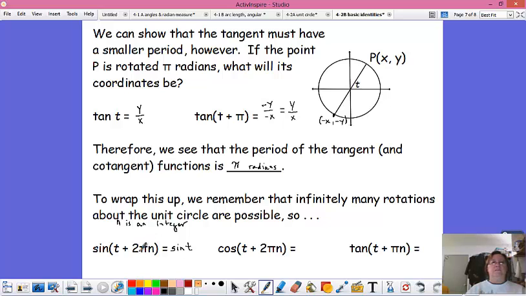It has a period of 2 pi. The cosine, no matter how many times I revolve, as long as it's an integer number of times, the cosine of t plus many rotations is the same as the cosine of t. And here's our tangent. The period is pi now, not 2 pi. But no matter how many times we multiply by pi and add that many half turns on, we're going to end up with the same tangent.